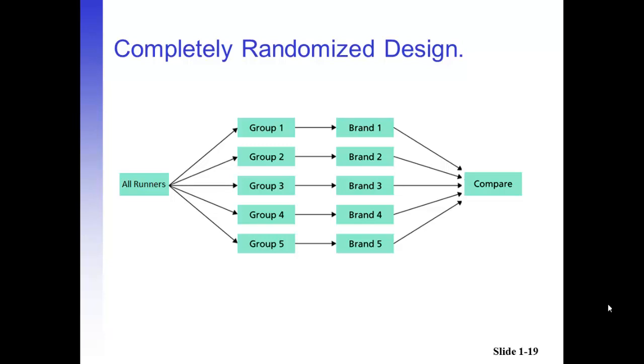And in the same way, those who are prone to injury are also more or less evenly distributed among the groups. Therefore, we can conclude that any major differences between the groups is probably caused by the only difference between them, namely the brand of shoe that they are using.